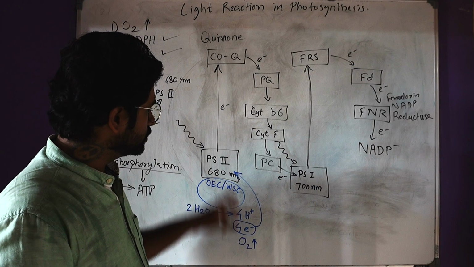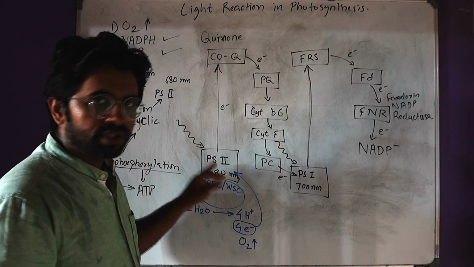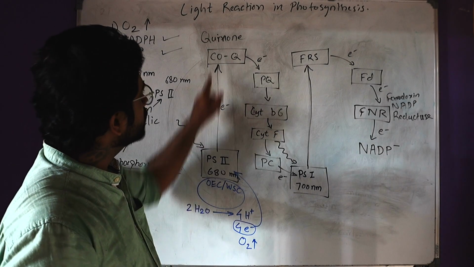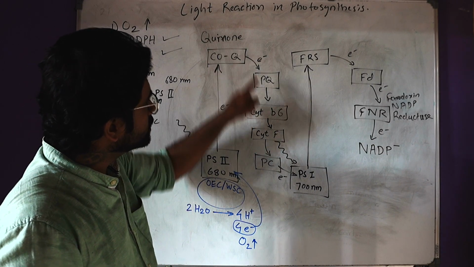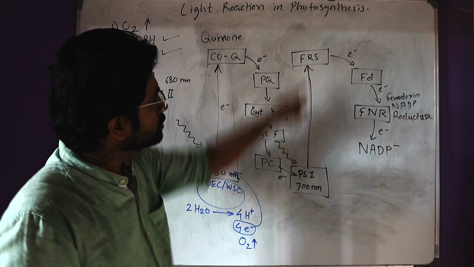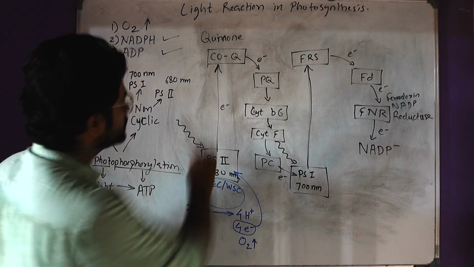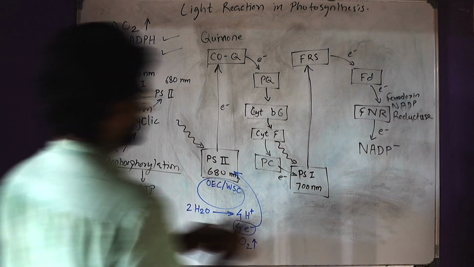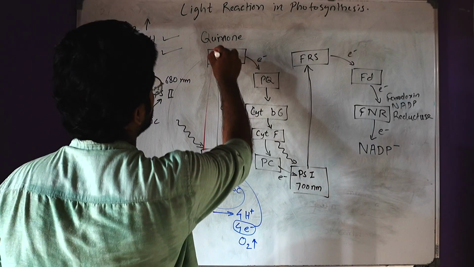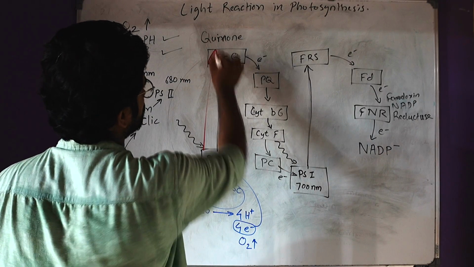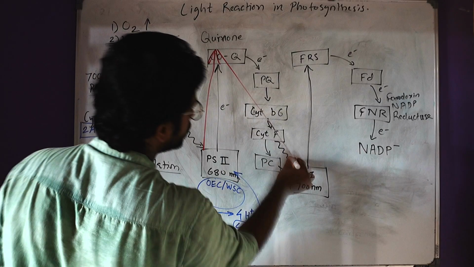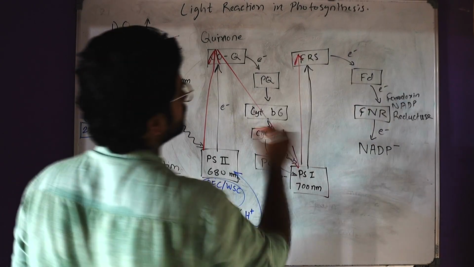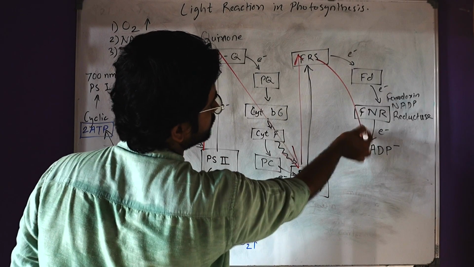So suppose the electron is coming here. Now this electron will also travel in this manner. Can you see there is a zigzag pattern? Then it is going like this, and then it is going like this, then again like this.